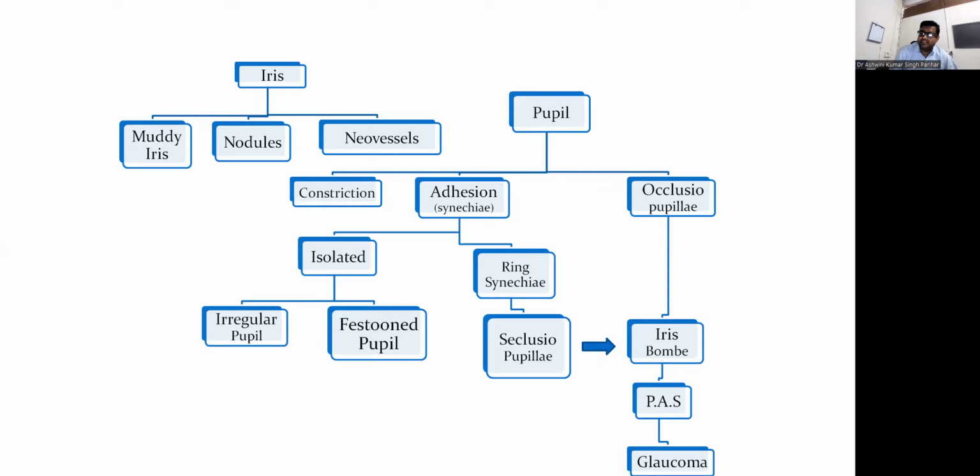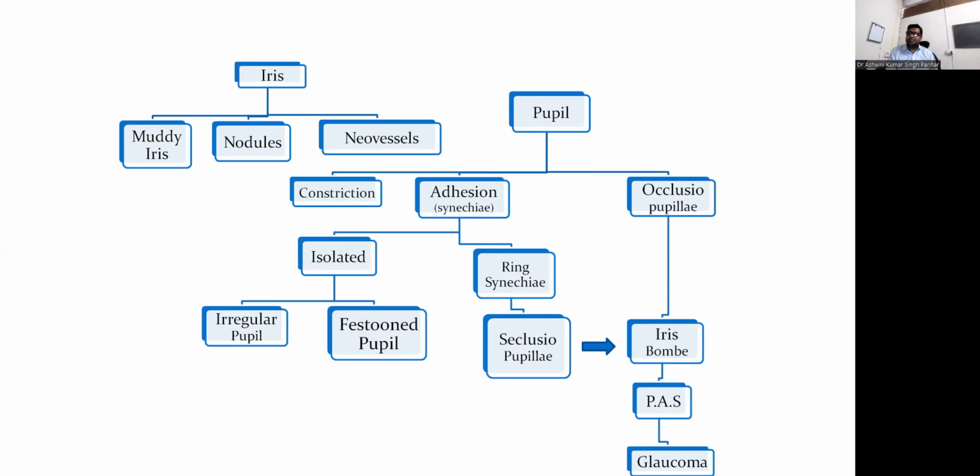Ring synechiae can lead to occlusio pupillae, blockage of aqueous in the posterior chamber, iris bombe formation, and increase in intraocular pressure, leading to formation of peripheral anterior synechiae. The same thing happens in occlusio pupillae, leading to iris bombe, peripheral anterior synechiae and glaucoma.